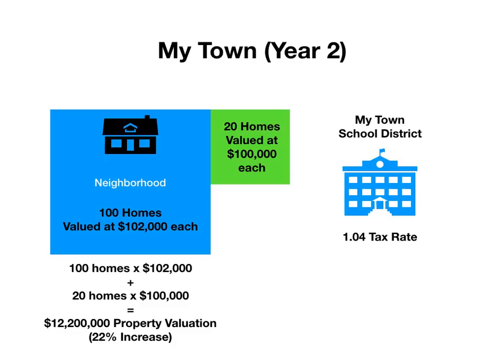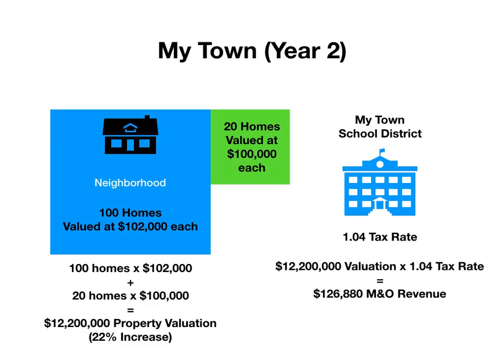That's a 22% increase based on both property appreciation and new growth. With my tax rate staying static, the My Town School District would collect $126,880 in revenue. This is an additional $22,880 versus the year 1 revenue, which allows the district to pay for new teachers, educational materials, etc.